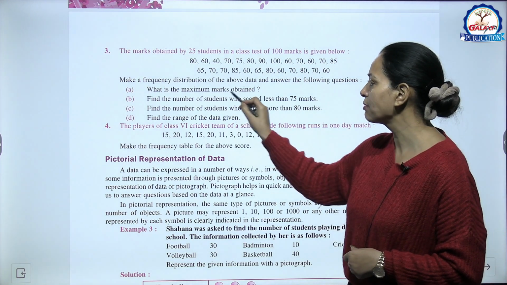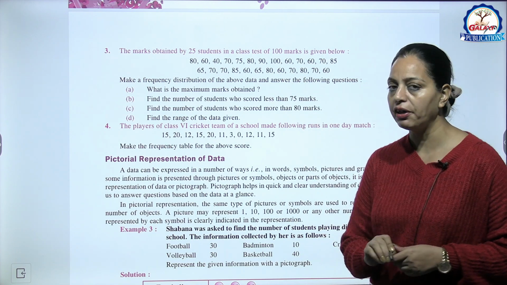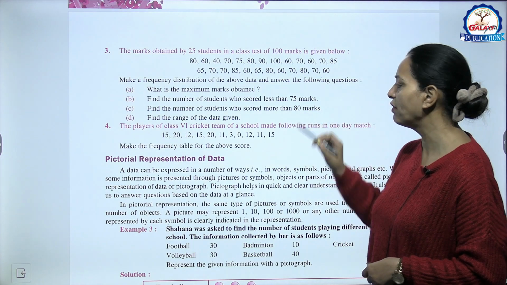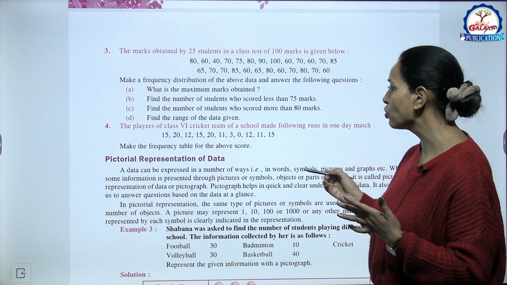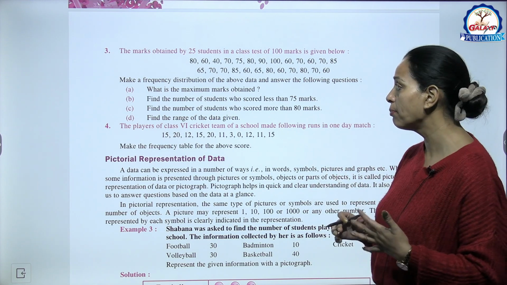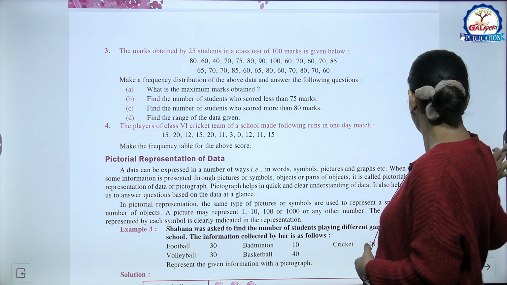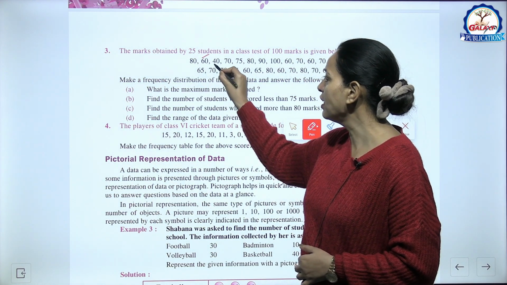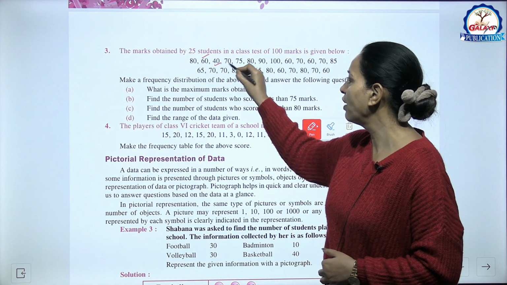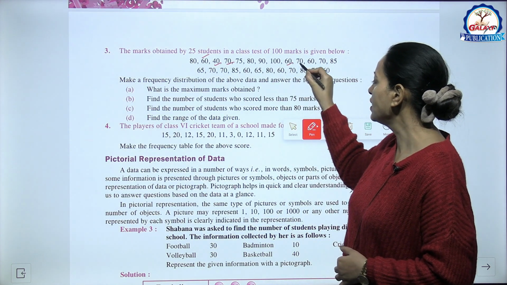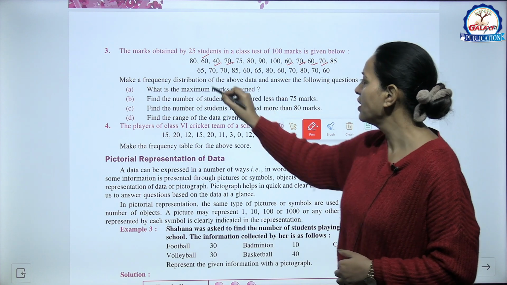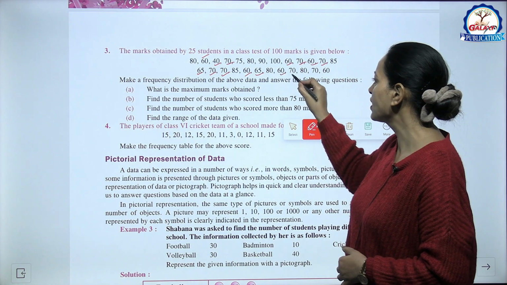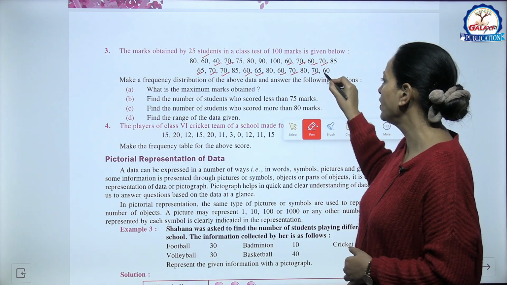A part, what is the maximum marks obtained? That is 100. B part, find the number of students who scored less than 75 marks. So how many children have got less than 75 marks, you have to count. So how you can see like this here 1, 60, 40 and 70, 60, 70, 60, 70, 65, 70, 70, 60, 65, 60, 70, 70, 60.